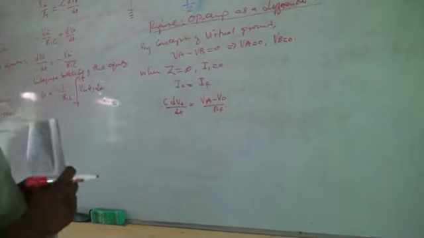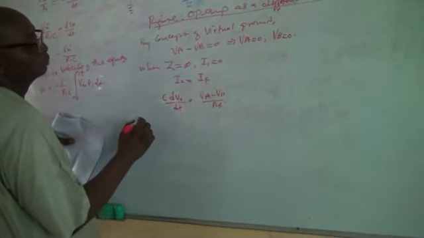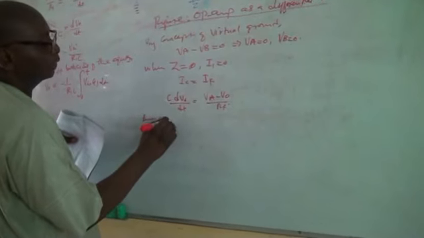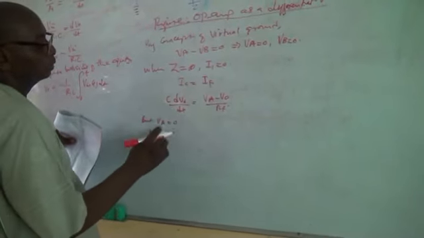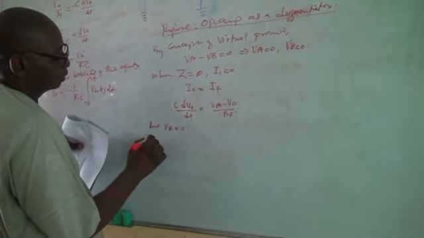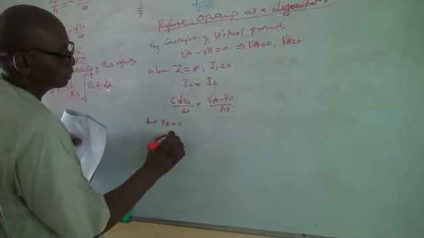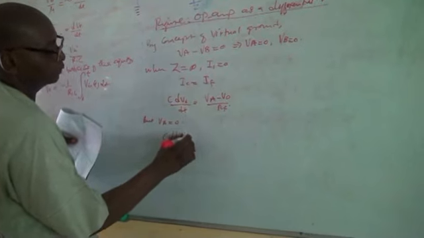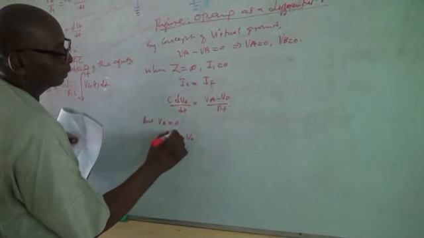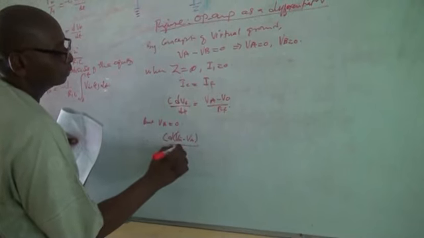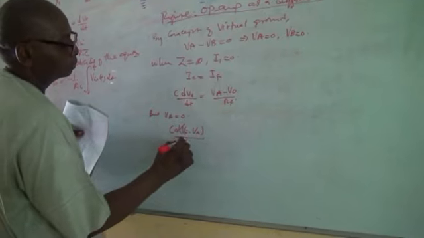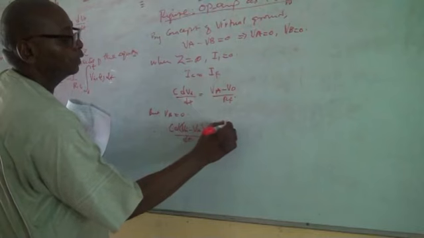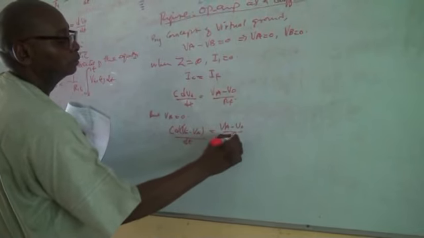But VA equals 0. Therefore, C d(V in minus VA) over dt equals VA minus V naught all over RF.